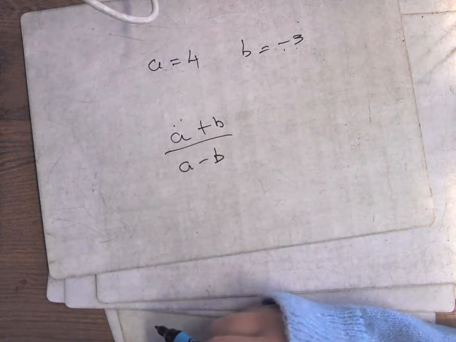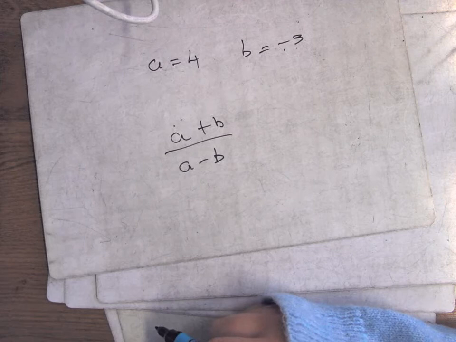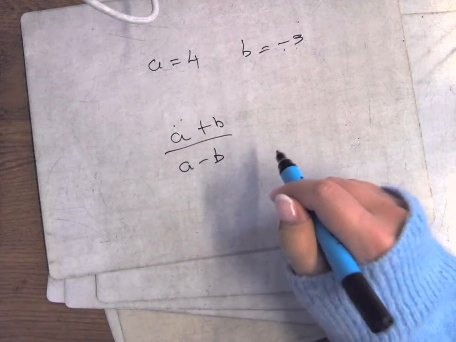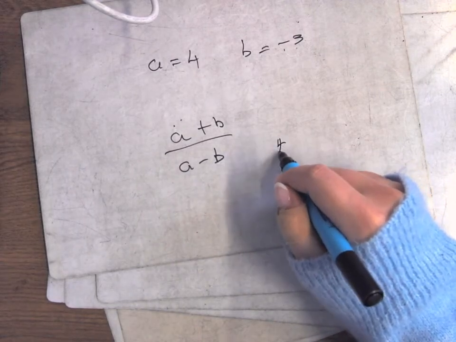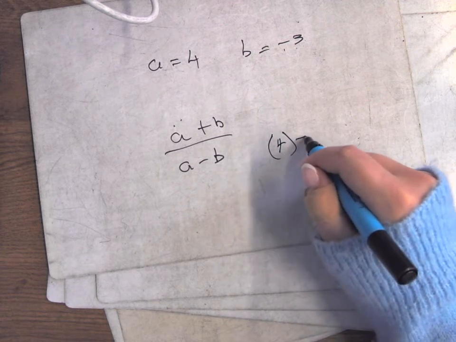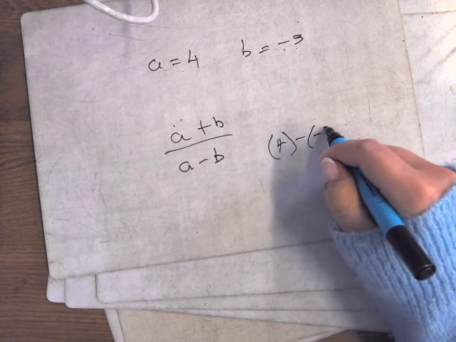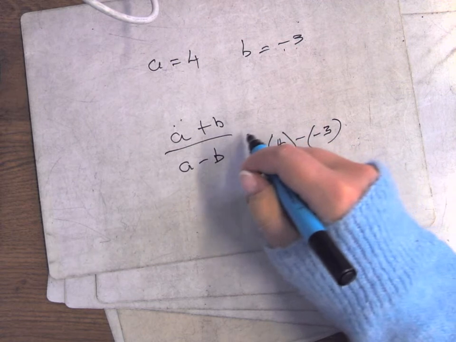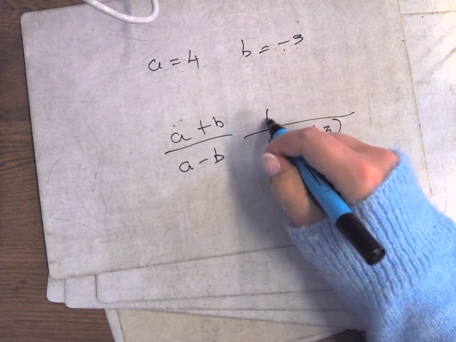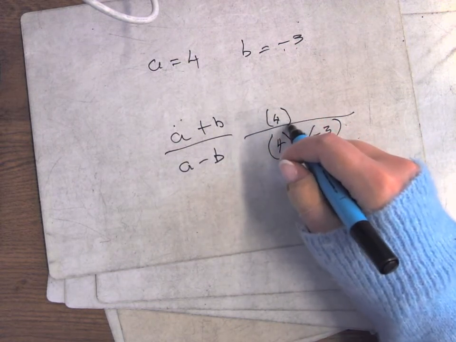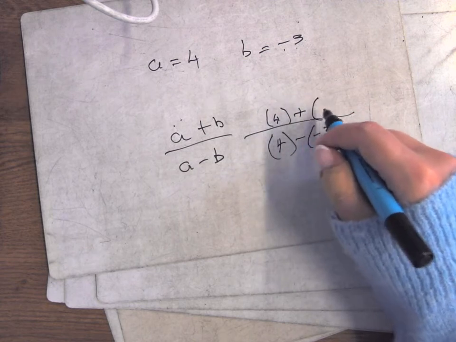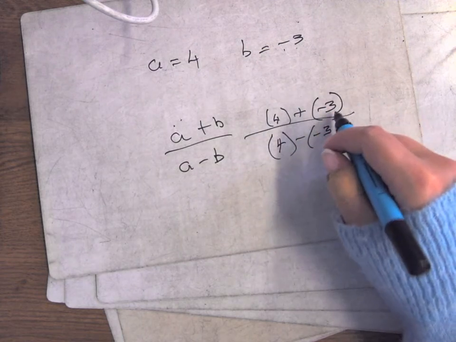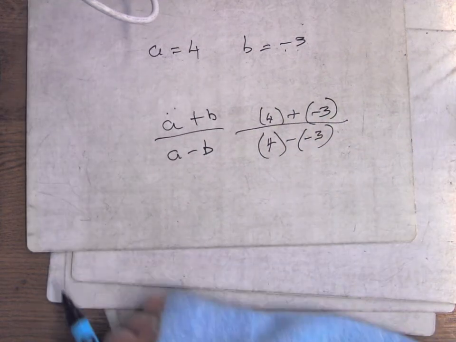You know, it's a -3, isn't it? So look, underneath the line it would be 4 minus, look, -3. That's what should be underneath the line. Then on top you have a 4 plus -3. So put them into brackets, okay?